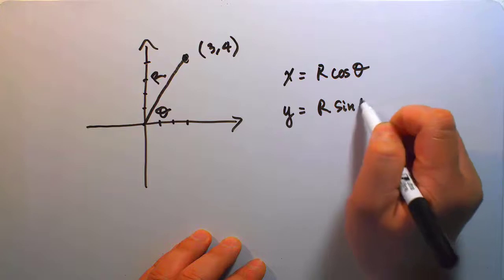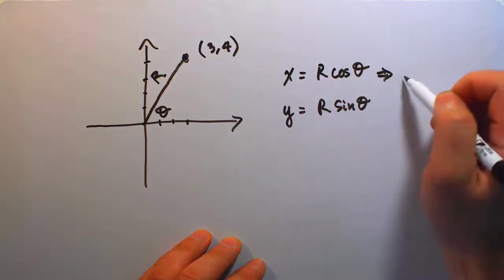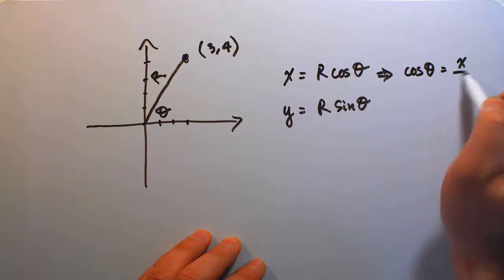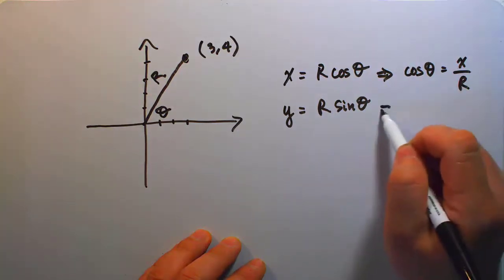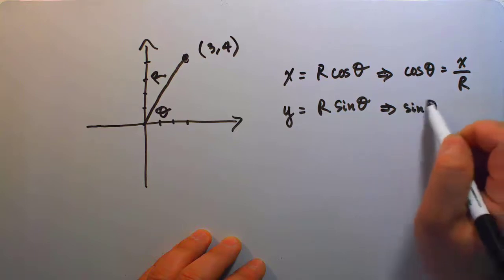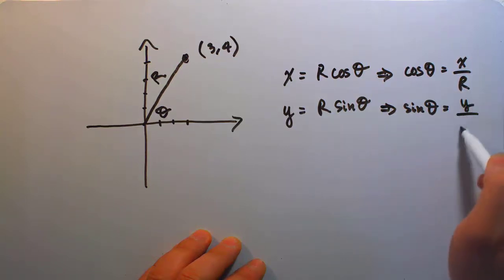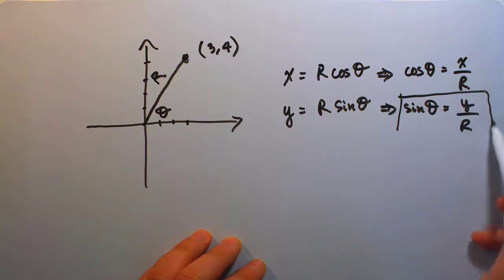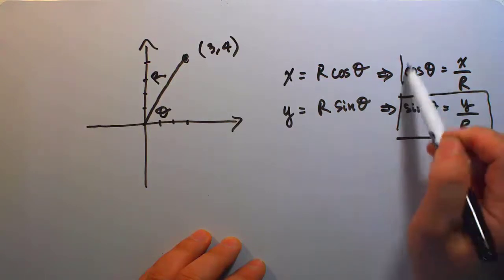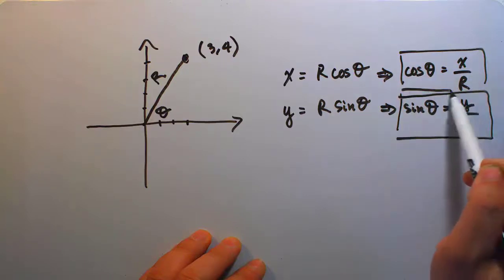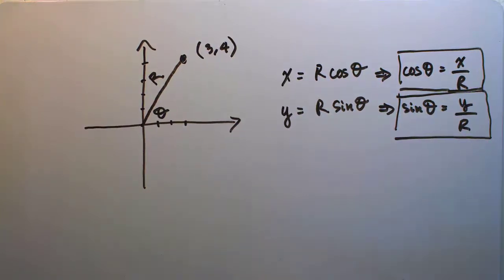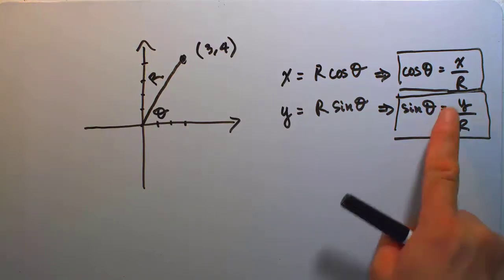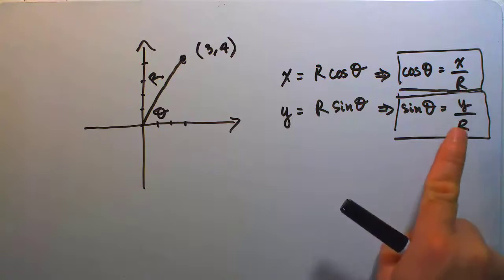And so what we ultimately need here is that cosine theta equals x over r, and sine theta equals y over r. For this particular example, it is more useful that we use these two forms, even though they are equivalent. And so what we need to find before we can use the formula is the radius.